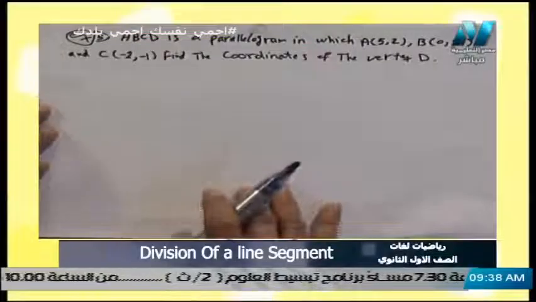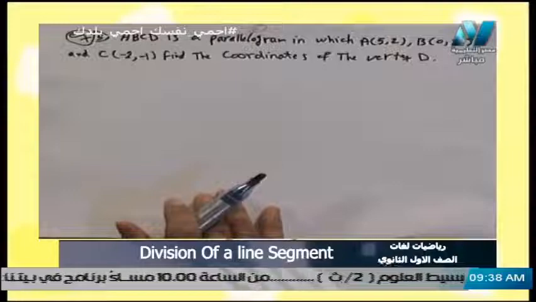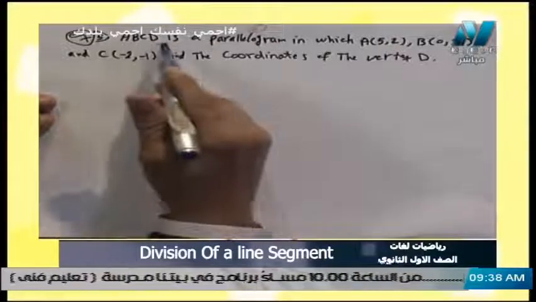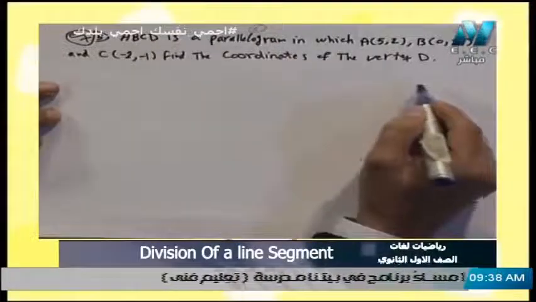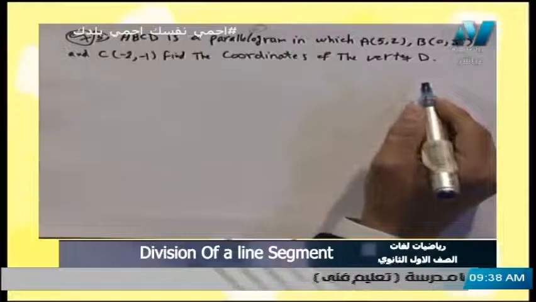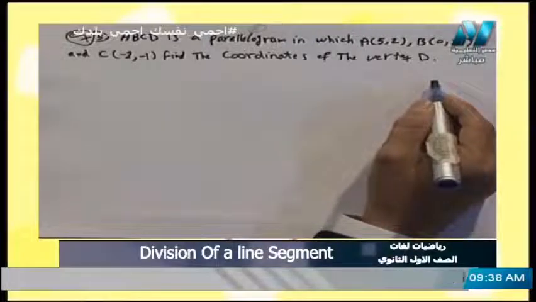We have an example here. Example 5. Example 5 talks about the parallelogram ABCD. We have ABCD is a parallelogram. We can draw a parallelogram like that. Okay.